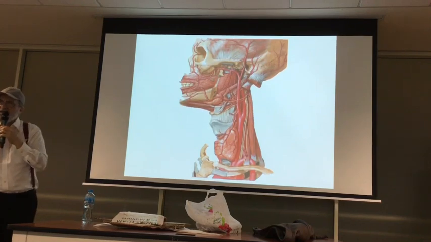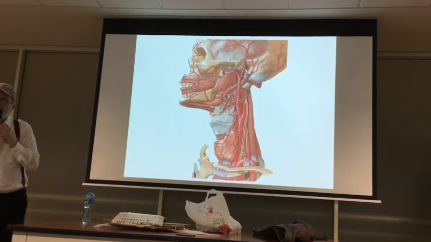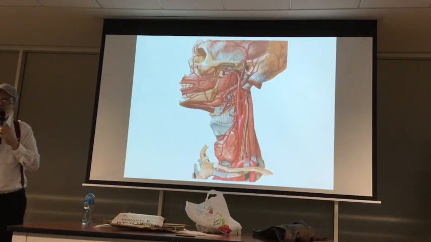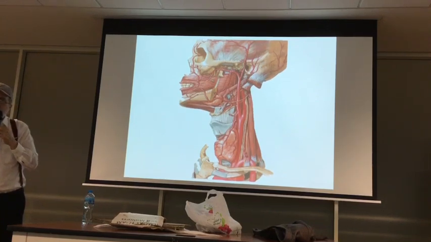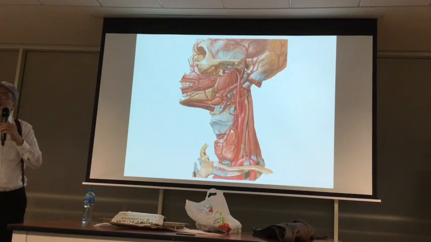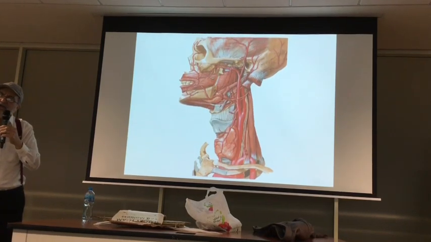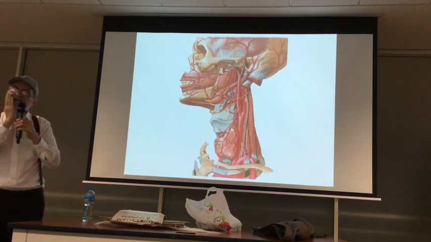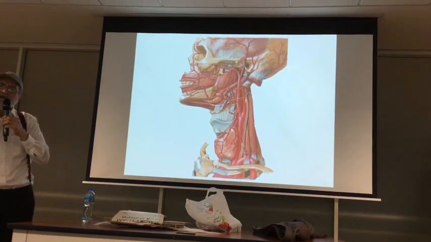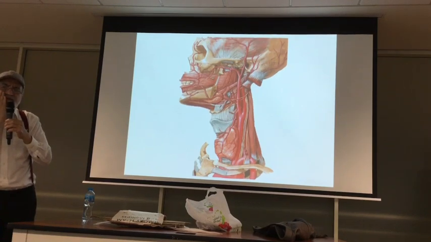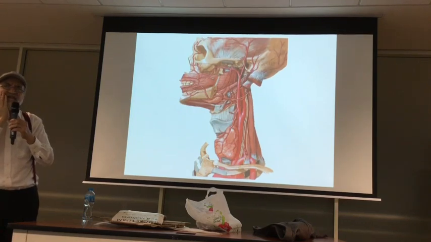Buccinator is the floor of a fossa in the face. But it is the side wall or the lateral wall of the vestibule. Here there is a fossa full of fat, which is there to be level with masseter, to give me the roundness of the face.